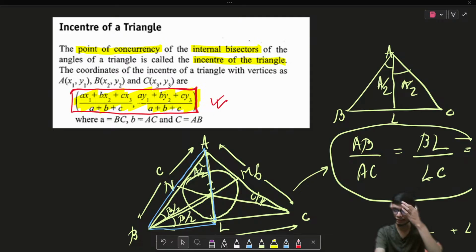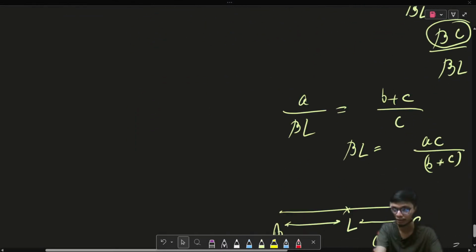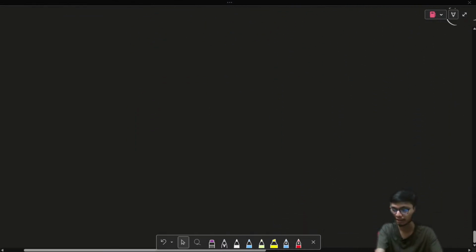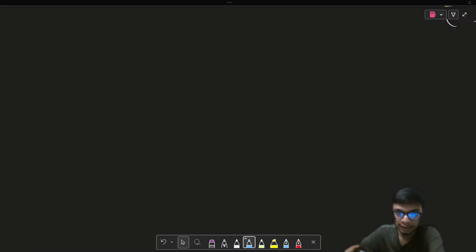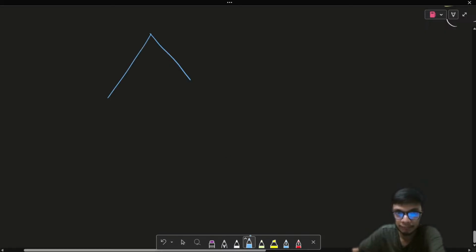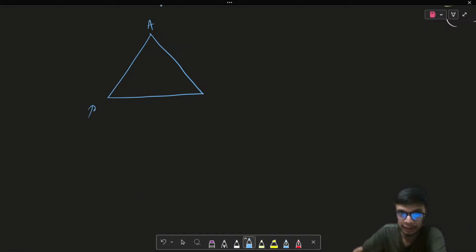So in the similar manner, we can also obtain the excenters, right? I am just showing one of the excenters. If I draw the same triangle, let us say this is my point A, B and C. For the excenter you will have one interior angle bisector and the remaining two external angle bisectors.